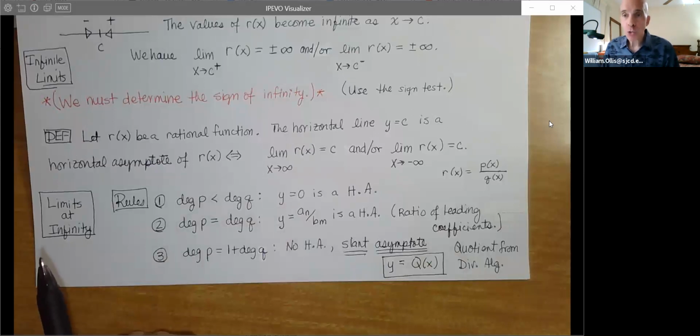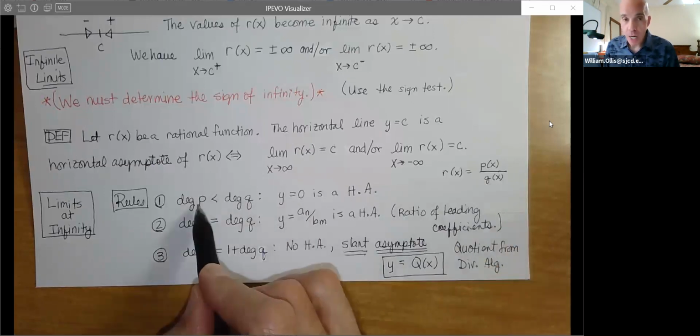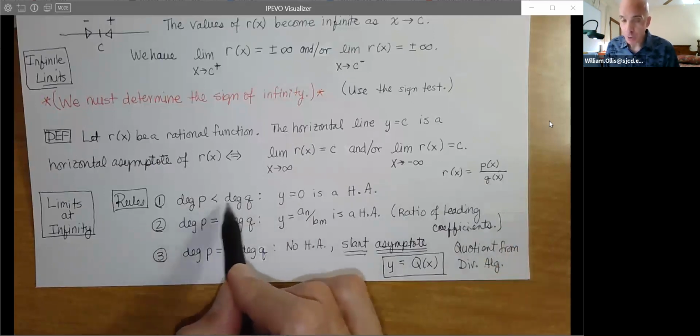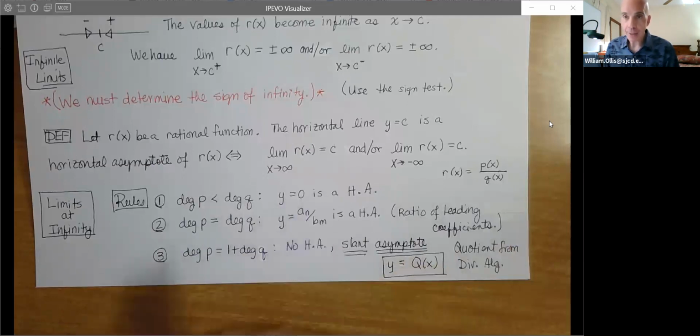So when you're checking your rational function, if the degree upstairs is less than the degree downstairs, numerator, denominator, then this is automatic. And that just has to do with the fact that the dominant term in the denominator has a larger power of x, and therefore it does dominate, and it forces the value of the function to converge to 0. Okay, that's something we can prove with calculus.